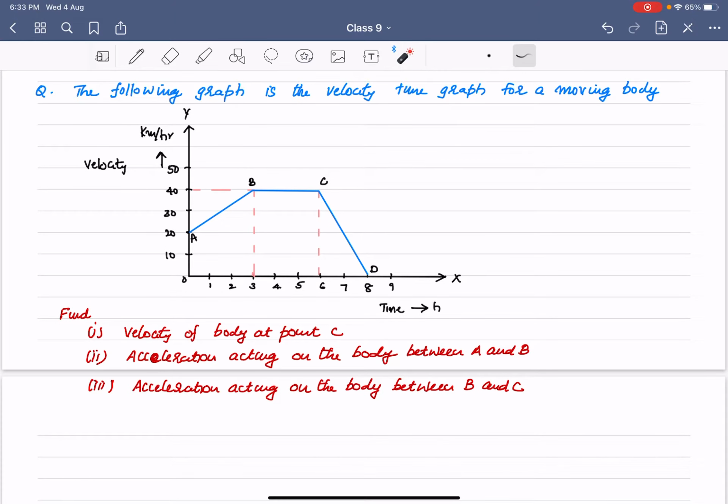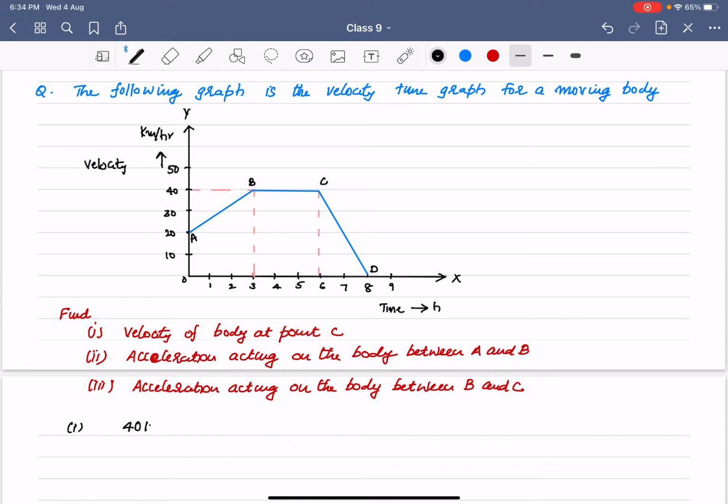So the first sub question is we have to calculate the velocity of the body at point C. So let's identify the point C here. So this is the point C here. I want to find out the velocity. Now the velocity is taken along y-axis. So the velocity associated with the point here will be 40 km per hour.